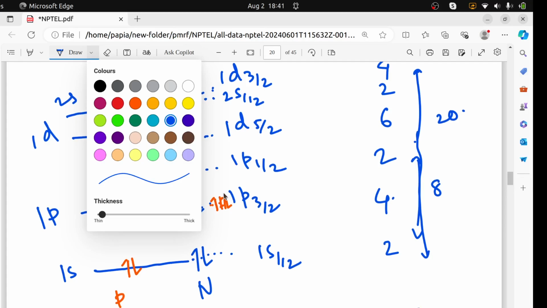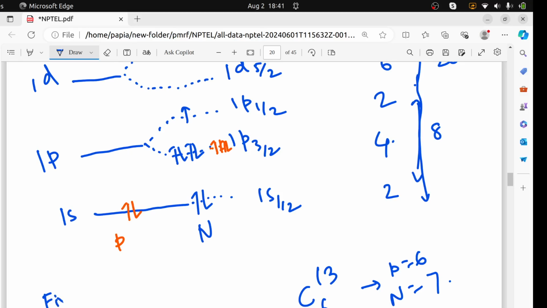Now for first excited state, what will happen? If this is the condition for the ground state, then by seeing this nuclear structure, it is very similar to the atomic structure, as I already told in the previous class. For the proton case, ground state is like that, where 1s is totally filled, 1p3/2 is also totally filled.